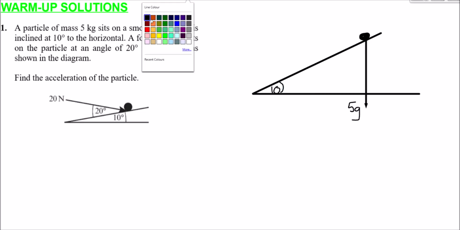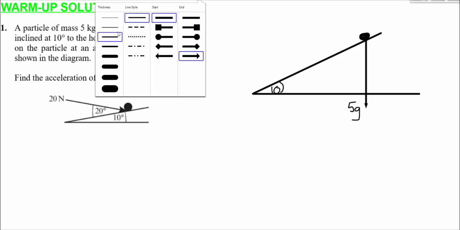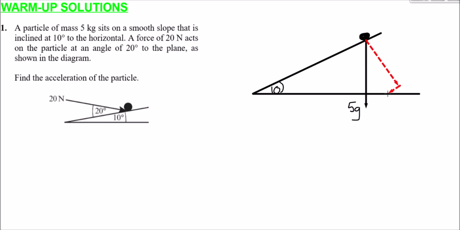So we need to remember when we're resolving downwards, down the slope and perpendicular, like so, that if this angle's 10, then the angle I've just drawn in between the red dotted lines and the weight will also be 10. Based off that, we can now resolve.